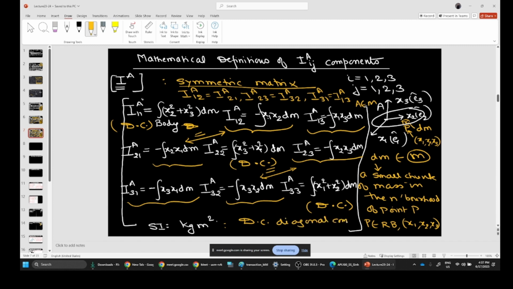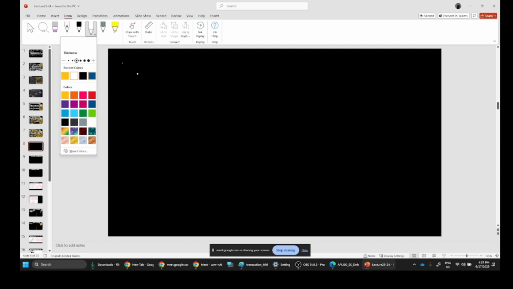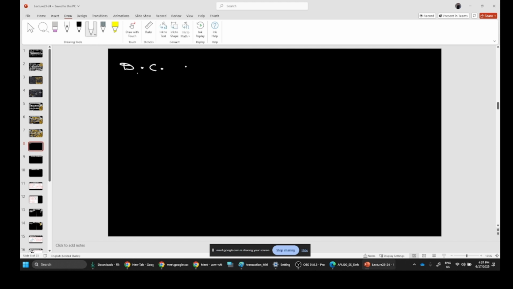Whereas these can be called off-diagonal components, OC. The diagonal components, which are IA11, IA22 and IA33, are also called moments of inertia.